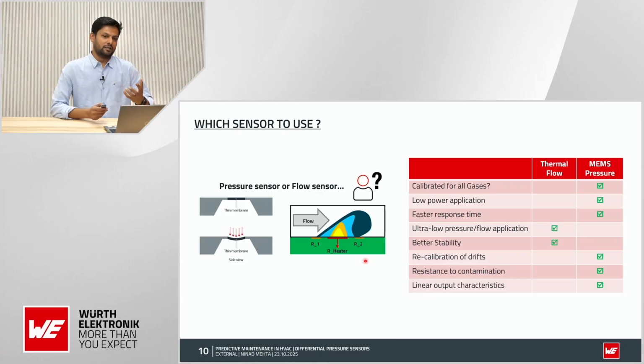But in case of contamination, which you see a lot in HVAC systems where the air is usually not fully clean, you may have a small contamination in the flow sensor, since the air flows completely through the sensor. If this is blocked with some dust particles, then the sensor will completely stop working.